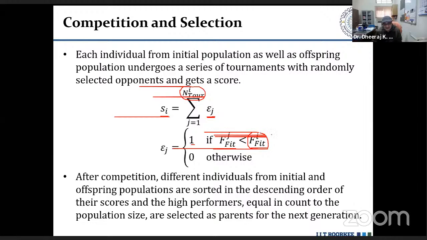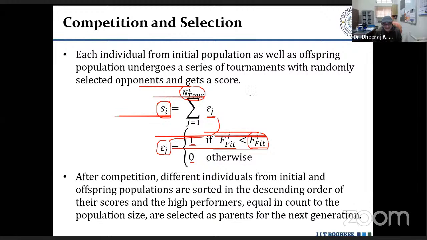So if fitness of ith individual is less than randomly selected jth opponent, it will have a score 1. Otherwise, it will have 0 score. So all these values are substituted here, and we will have total score of any ith individual.